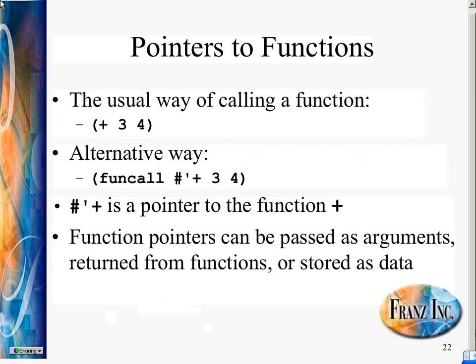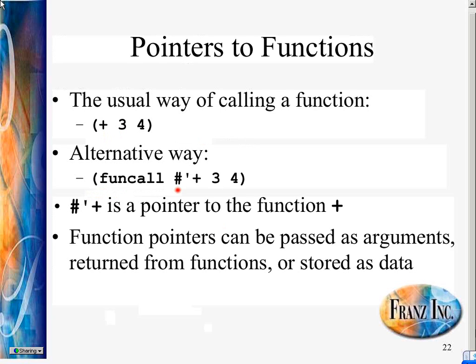Now, we've been talking about calling functions by using a form, which is open parentheses, the function name, and then the arguments. But there are two other ways to do it, using other functions within Lisp.